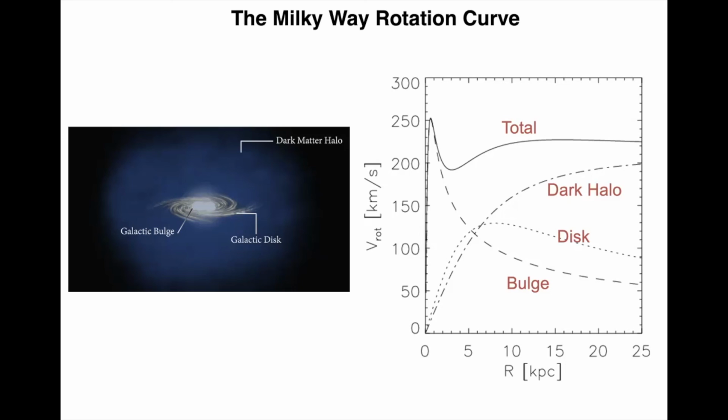The disk is the dashed line, and the dark halo would contribute the dashed dark line. You sum the three of them, and then you have the rotation curve of the galaxy. So the obvious question to pose is, what is this dark matter?